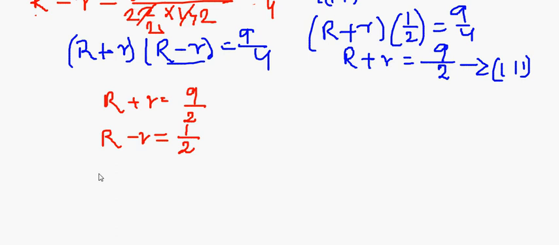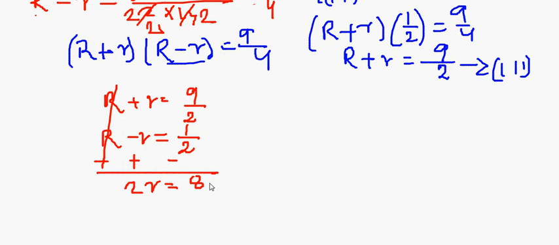If we use this, I'm getting a cancel here. So I'm getting 2r is equal to 9 by 2 minus 1 by 2. That I think I'm getting as 8 by 2.